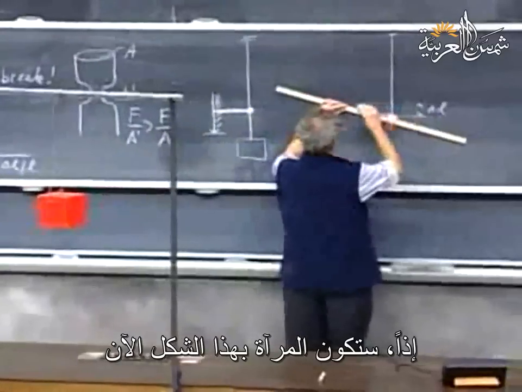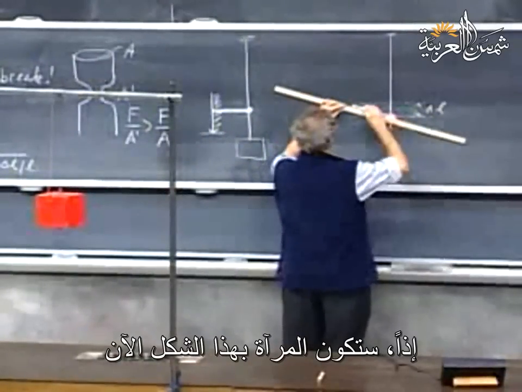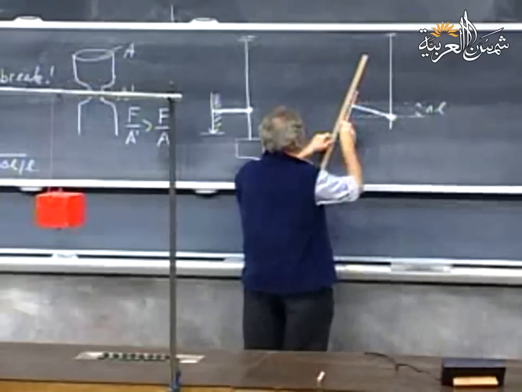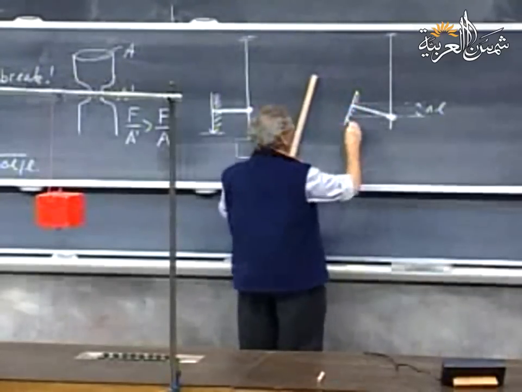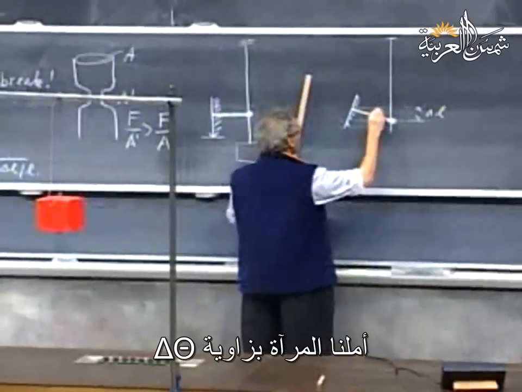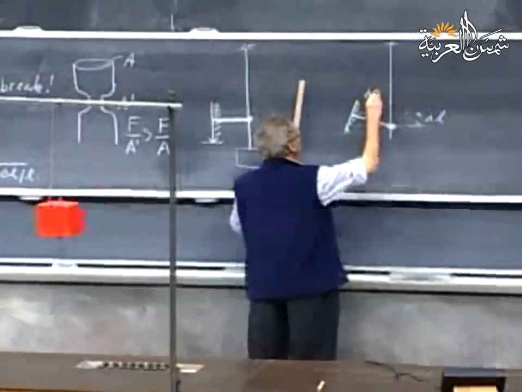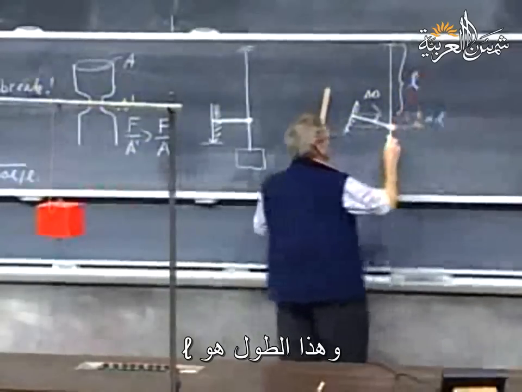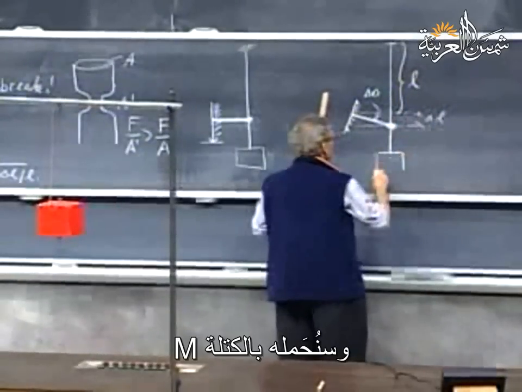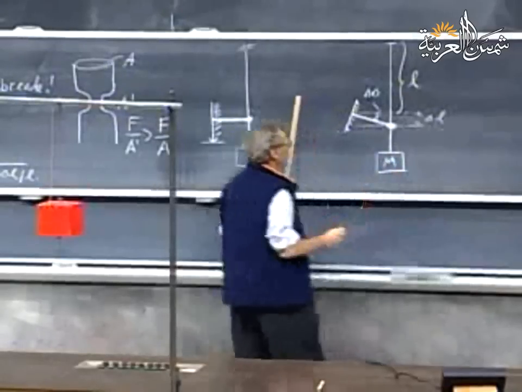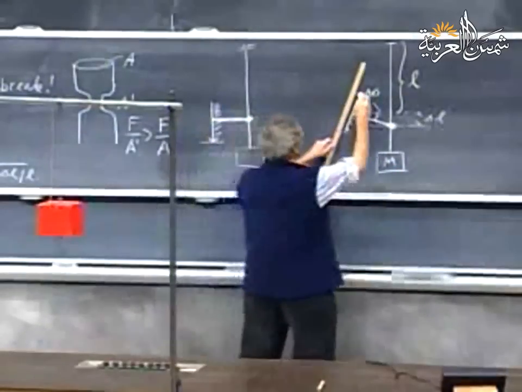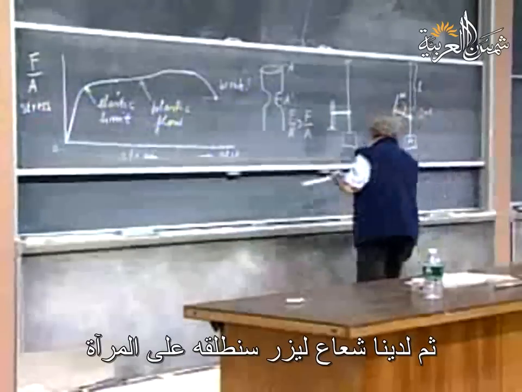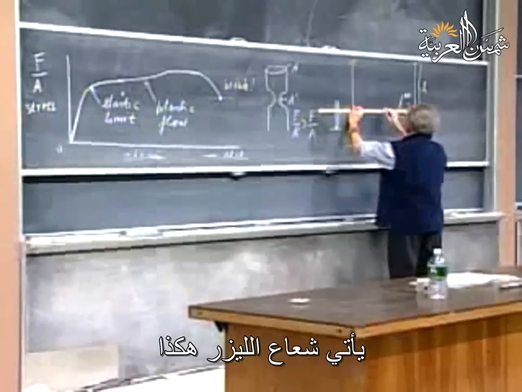And so the mirror will now be like this. We have tilted the mirror. And we've tilted the mirror over an angle delta theta. And this length is L. And we're going to load it down with a mass M, which we're going to increase. And then we have a laser beam, which we shine onto the mirror. The laser beam comes in like so.